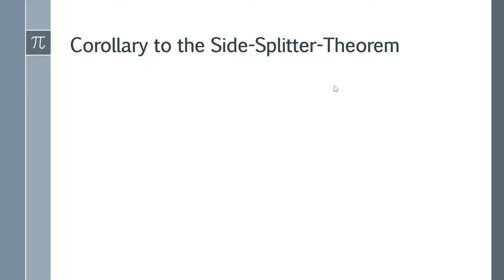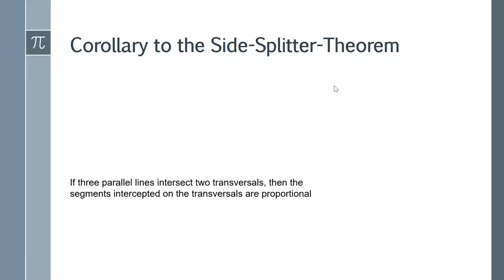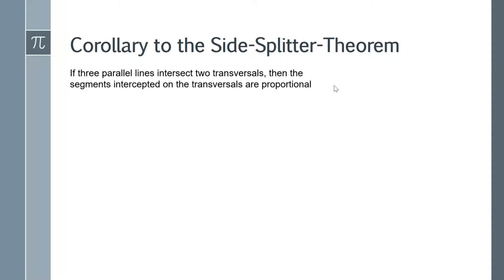So there's a corollary to this theorem as well. Now, a corollary is just something that comes from that previous theorem, or follows from it, or something we can use to show something else. So here's what the corollary says. It says that if three parallel lines intersect two transversals, you can visualize that because we talked about parallel lines in another lesson, then the segments intercepted on the transversals are proportional.